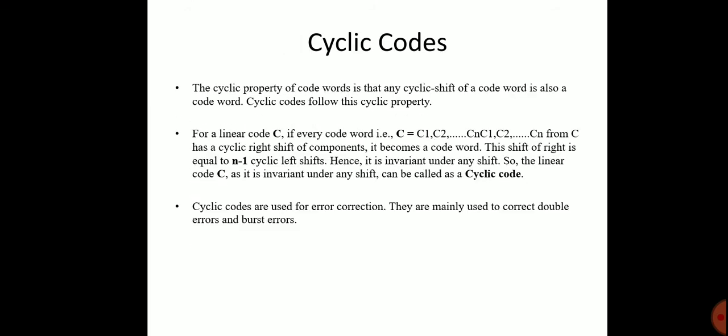Now, the parity method detects only odd numbers of errors. To overcome this, the polynomial code error detection method is used. The polynomial code involves generating check bits in the form of a cyclic redundancy code. Therefore, the polynomial code is also called a cyclic code or cyclic redundancy code (CRC).